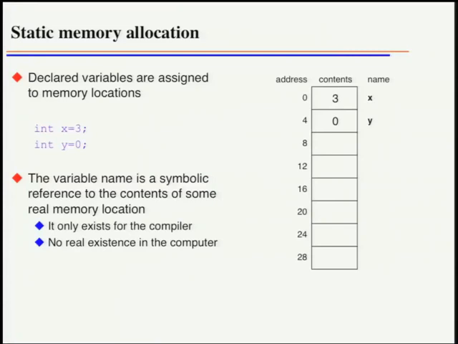So these variables you declare here, x and y, are assigned some location in your computer's memory. The names just exist for you and the compiler, but they don't really exist in the program that's running. They're just some symbolic reference to the contents of some location in your computer's memory.